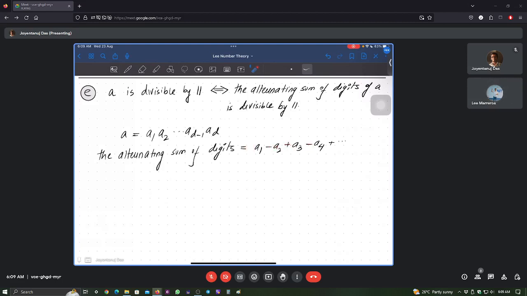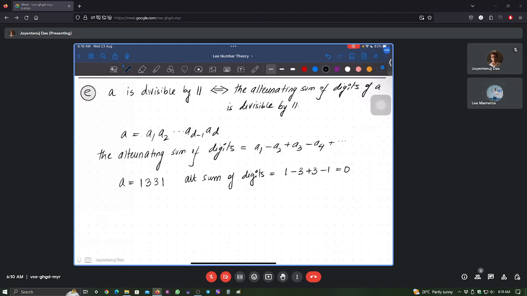Let us see an example. Suppose my number is 1331. Then the alternating sum of digits will be 1 minus 3 plus 3 minus 1, that is 0.